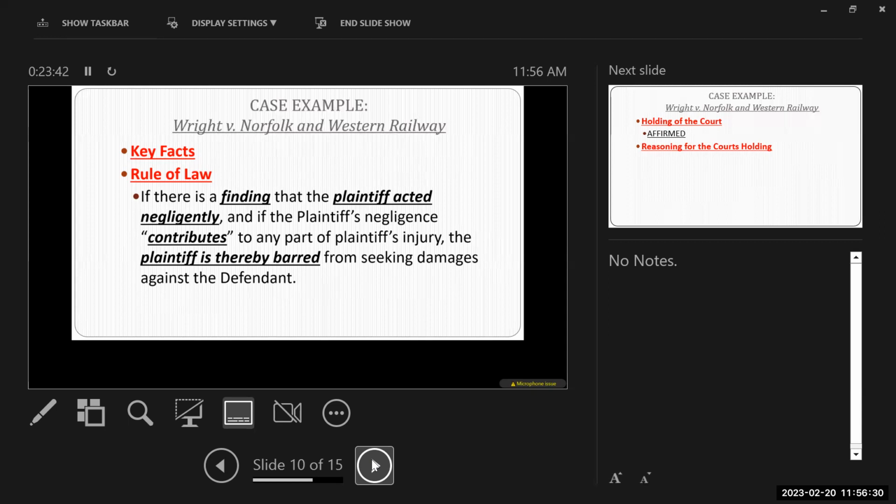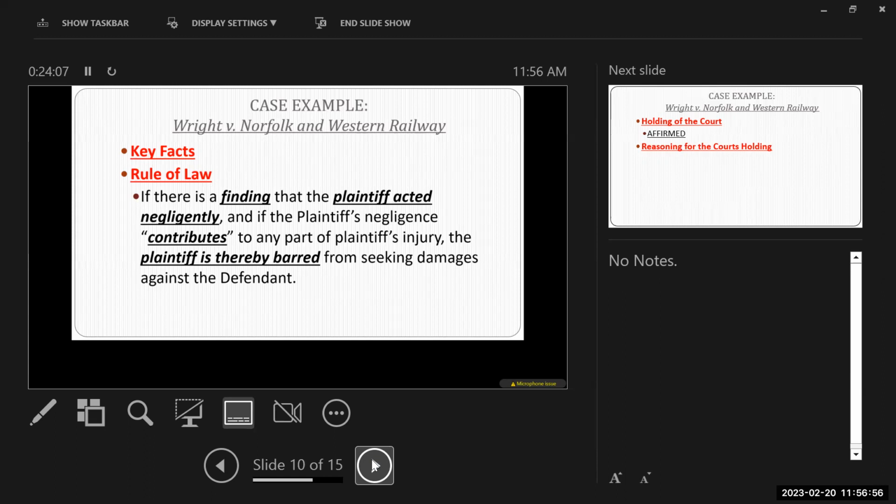So there's no question that there's a list of things that the railway did wrong. Not a question. That's not the focus. I'm not trying to prove negligence against the defendant. It's established, okay? But the defendant says, well, hold on a second though. Sure, maybe we were negligent. However, so was the plaintiff.